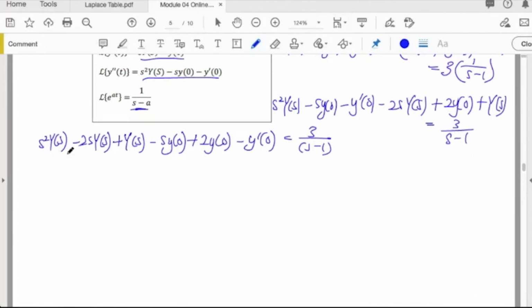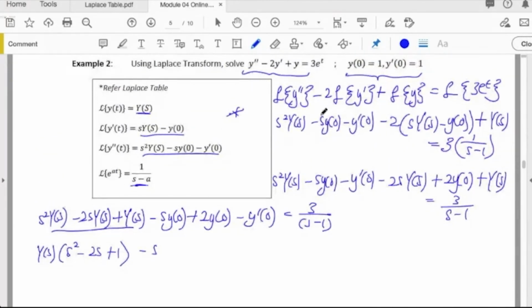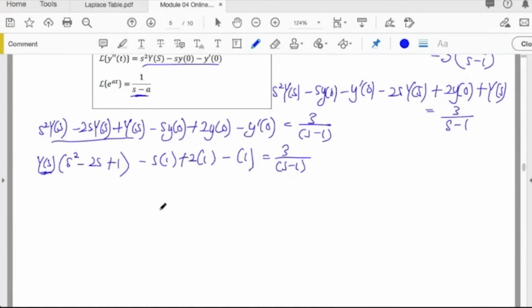So we combine the parts. You have Y(s) times (s squared minus 2s plus 1) minus s, and you can put in the information given by the initial values, so y(0) will be equal to 1, and y'(0) equal to 1 also. So we solve for Y(s).